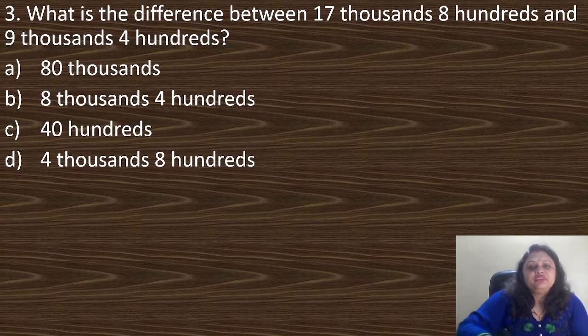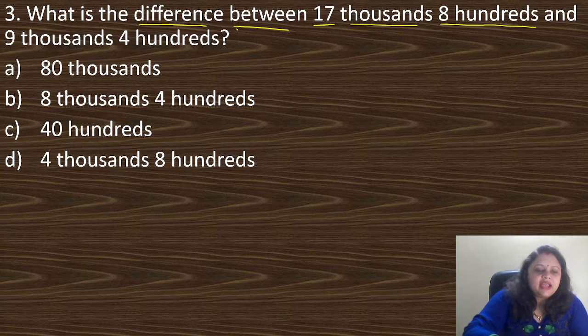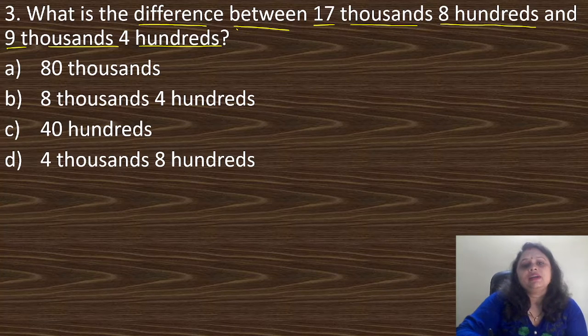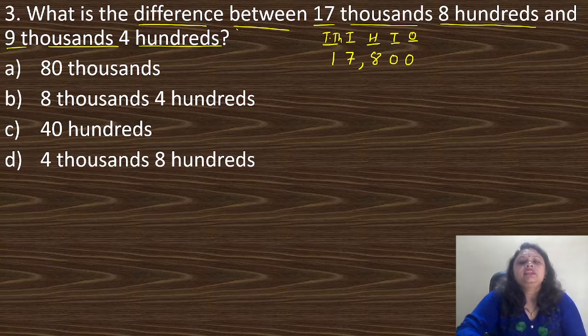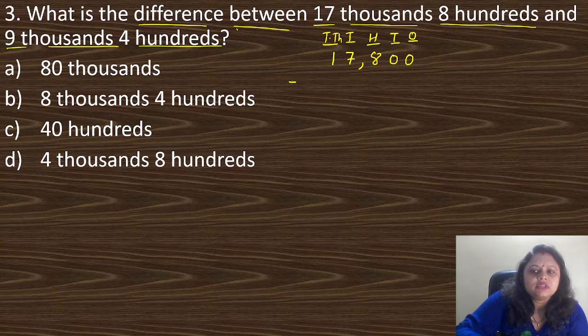What is the difference between 17,800 and 9,400? It is asking that we have to find the difference between 17,800 and 9,400. Here you can take ones, tens, hundreds, thousands, ten thousands. So it is 17,800 and we have to subtract 9,400.